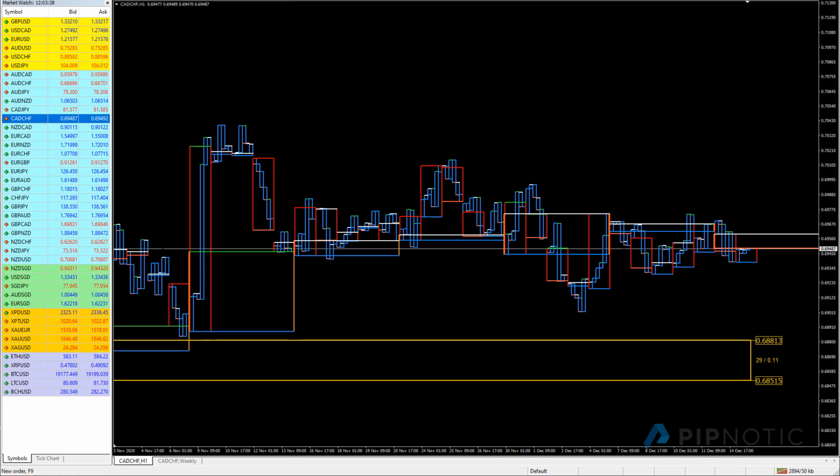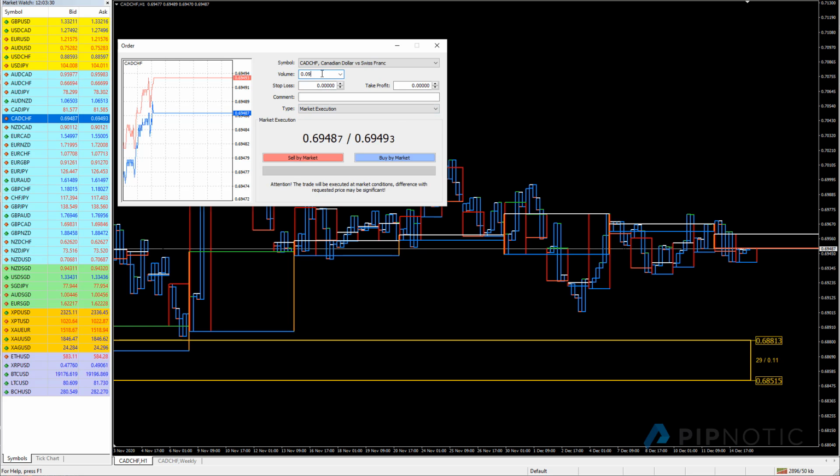There it is. So let's put this on. So this is one mini lot. The stop loss is at 68.51. I'm going to go like that, and I'm going to put 68.45, just a little bit below the target we don't know.